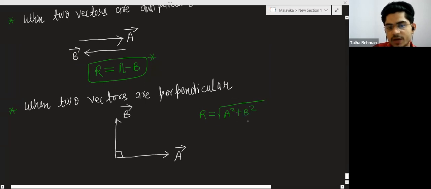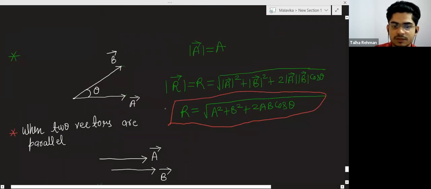Now I will derive this result by this formula. This is the general formula for vectors having angle theta. Now what should you do? Make this angle 90 degree.